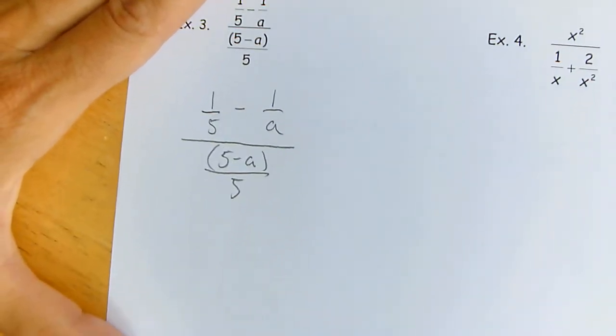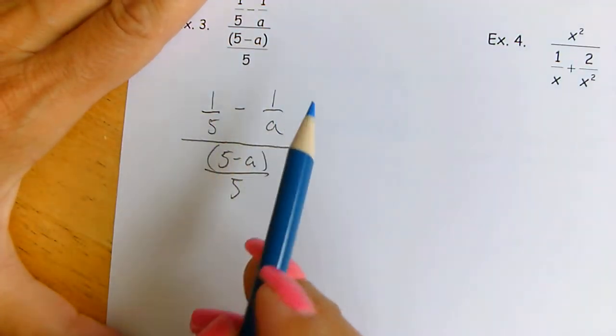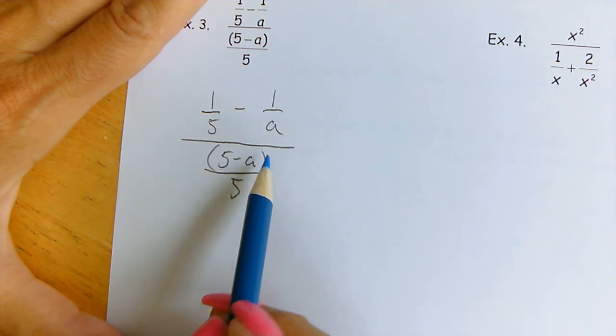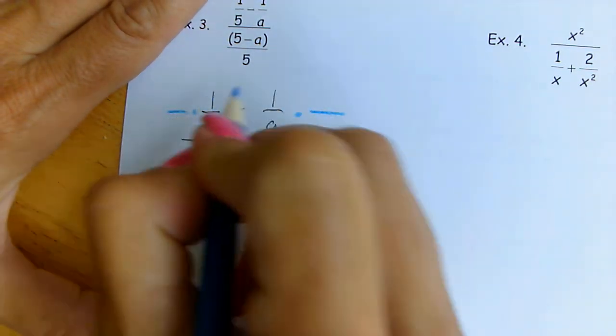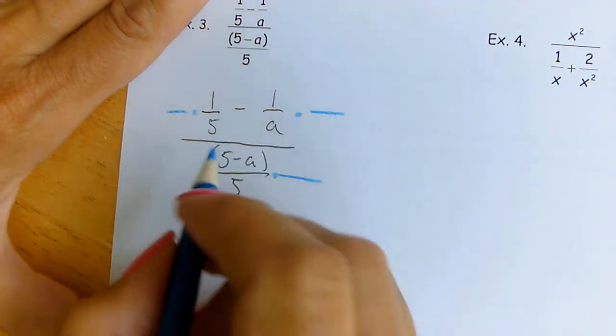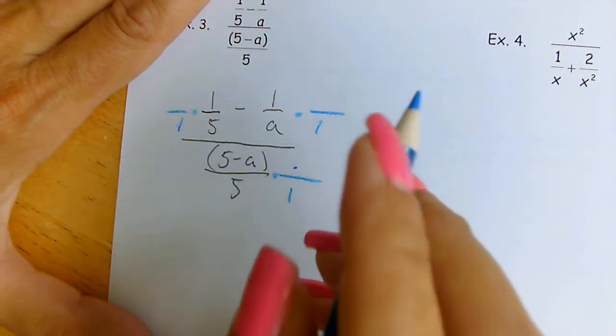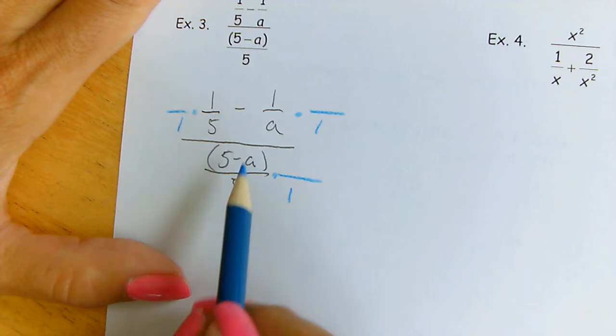Okay, my denominators are 5, a, and 5. This is all one fraction. So I'm going to multiply everything by the lowest common denominator, which is a 5 and an a.